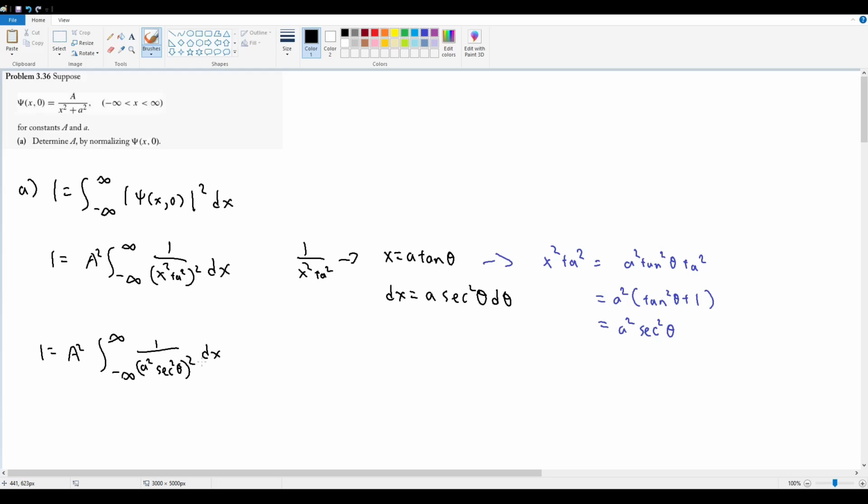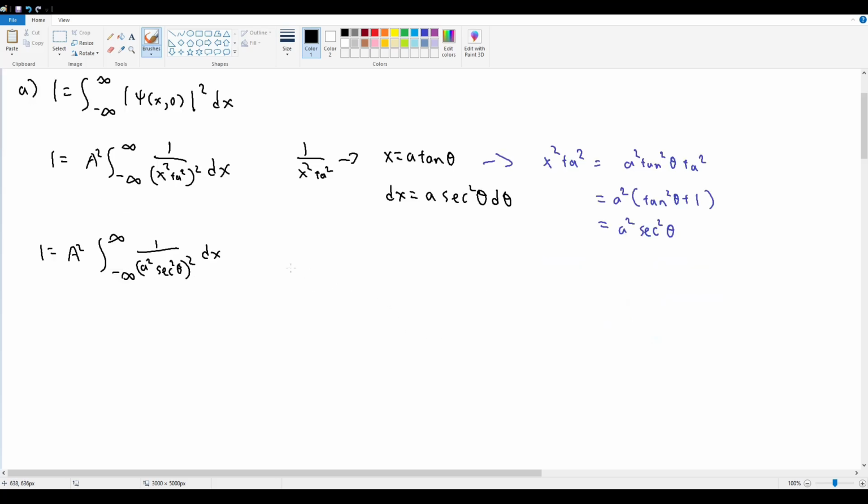Okay, now I want to convert this from an x integral into a theta integral. So dx is now going to change into a secant squared theta d theta. And if x is going from negative infinity to positive infinity, well, we just defined here that x equals a tangent theta, right?